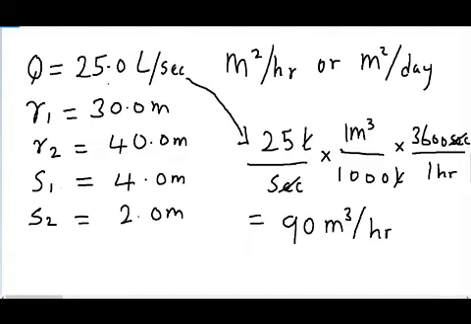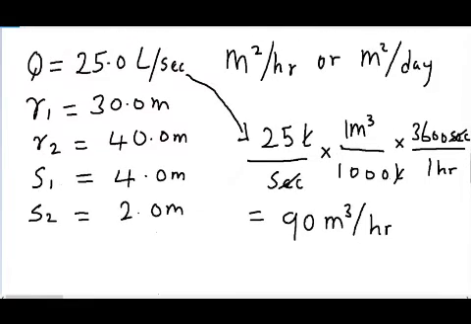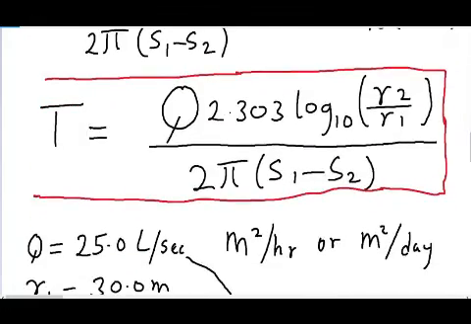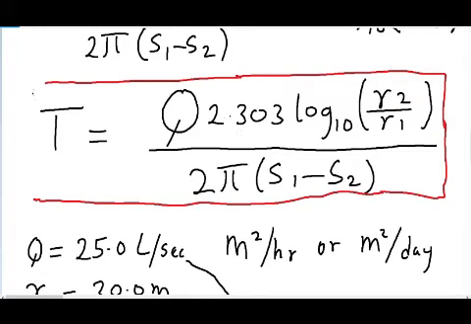So now that we have the conversion for the Q value in cubic meters per hour, let's substitute the values into the formula and find the transmissivity.